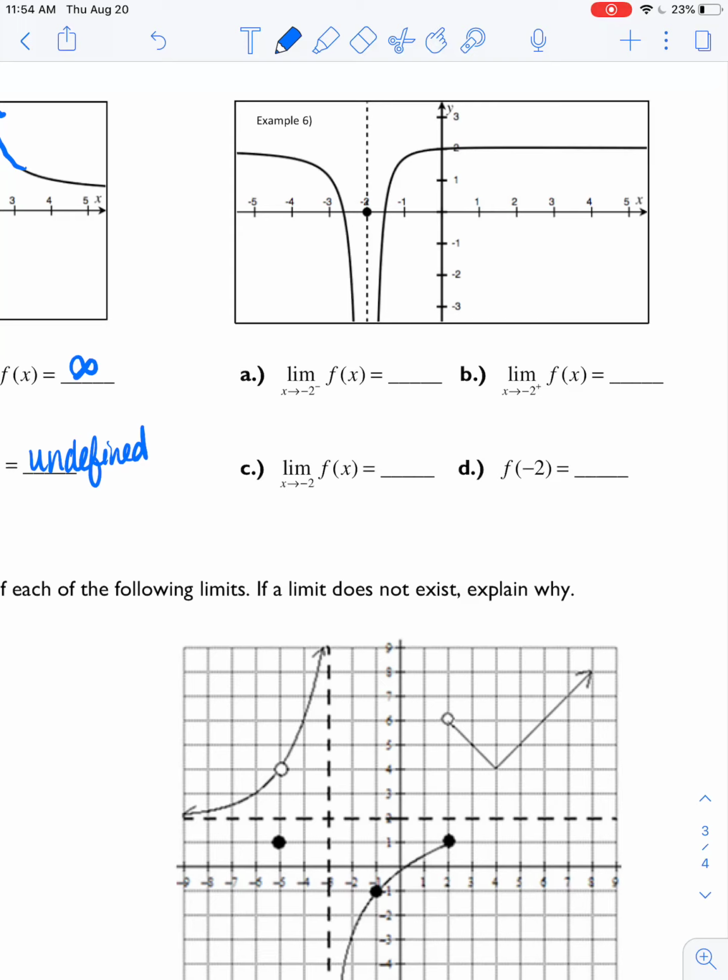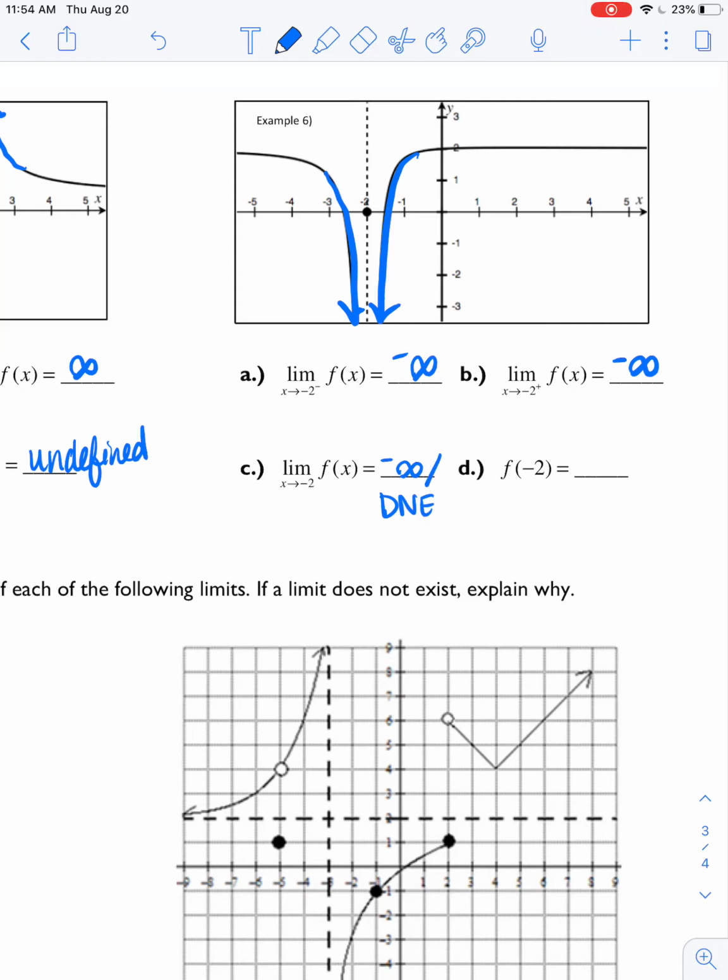Example 6, x approaches negative 2 from the left. So at negative 2, I see this asymptote from the left. I am approaching negative infinity. From the right, also approaching negative infinity. So since those are approaching the same direction, I could say the limit is negative infinity, but also general limits, if they are infinite, technically do not exist.